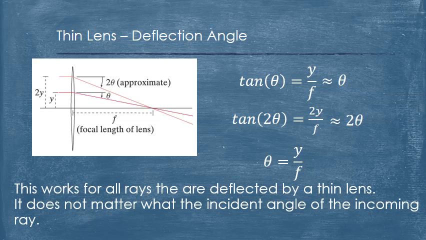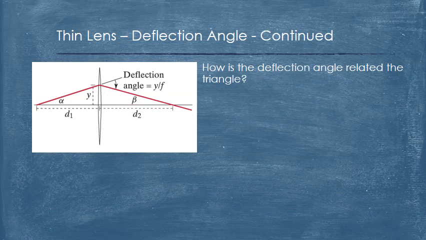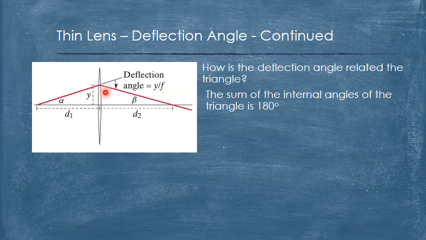Alright, so this works for all rays that are deflected by a thin lens. It does not matter what the incident angle of the incoming ray is. Let's say we had these rays, and what we know is this ray comes in, it gets deflected by an angle of y divided by f. Well, I have a triangle here, and I know that if I sum up all the angles in the triangle, it should be 180 degrees.